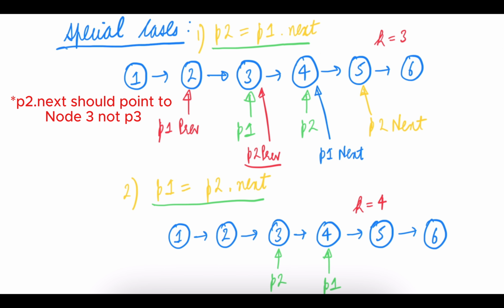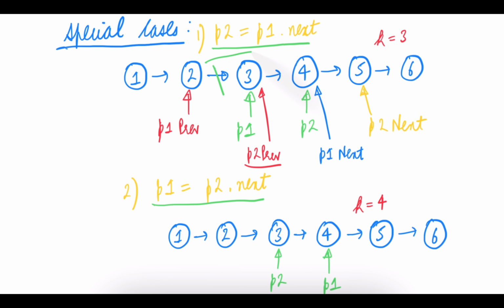So here what we have to do is, let's try to update some pointers. So I'm going to update my p1 previous dot next is equal to p2. So when I do that, my node 4 comes after node 2.